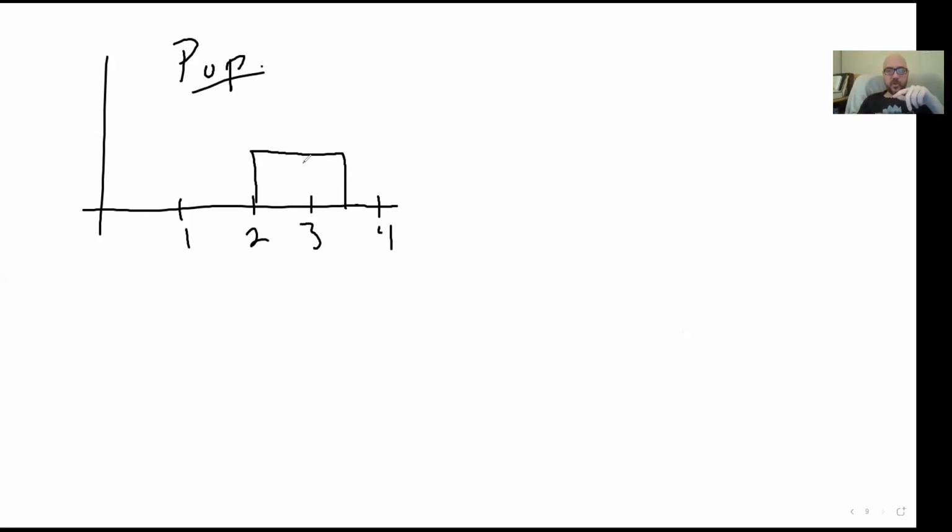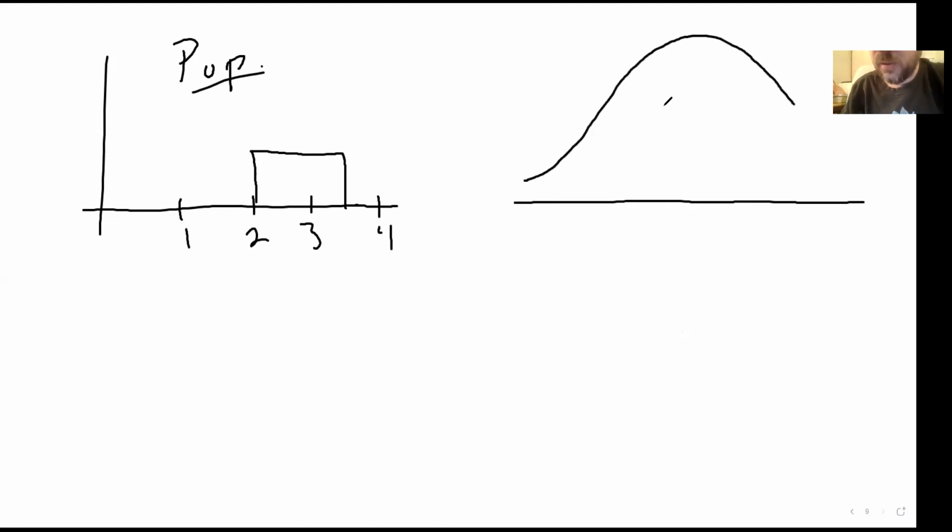The sampling distribution, because we have a large enough sample size of 43, right, bigger than 30, the sampling distribution is normally distributed with a mean of the same mean and a standard deviation that is the square root of 43 times smaller.